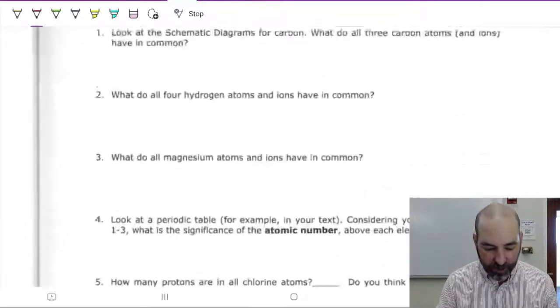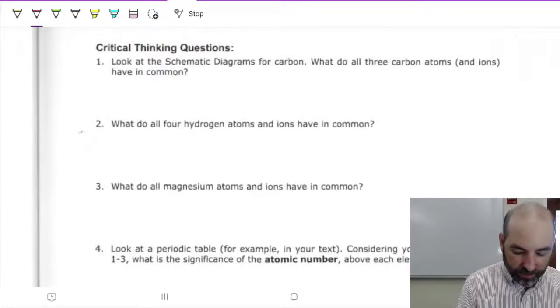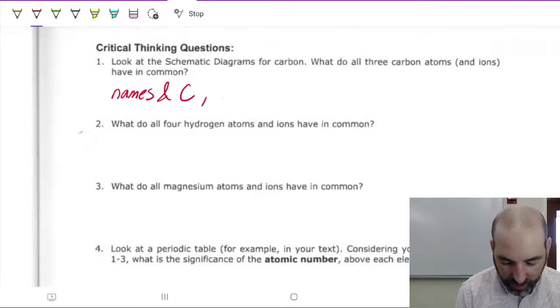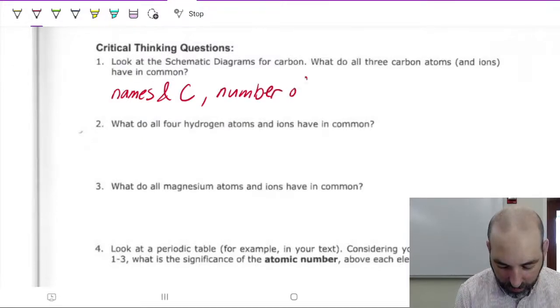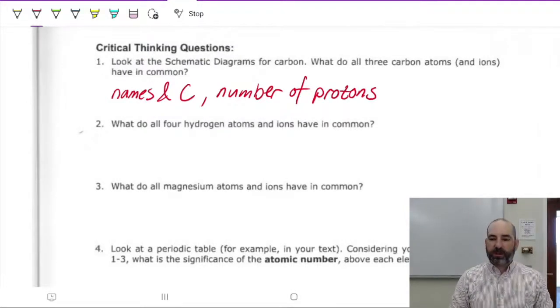And so that's what we would write here. What do all three carbon atoms and ions have in common? We would say names and C, and we would say number of protons.